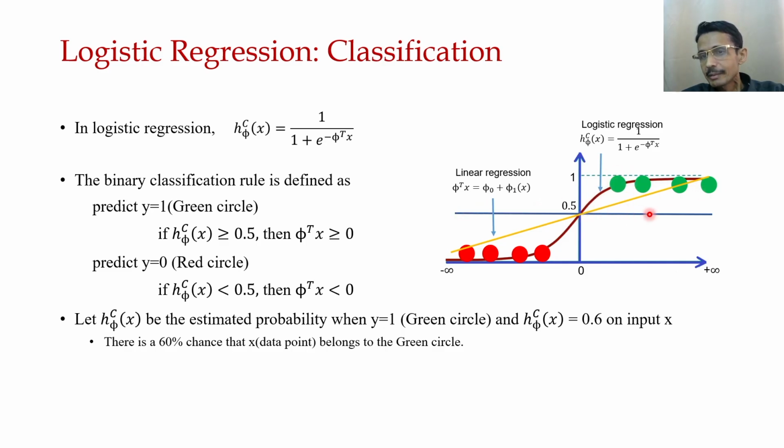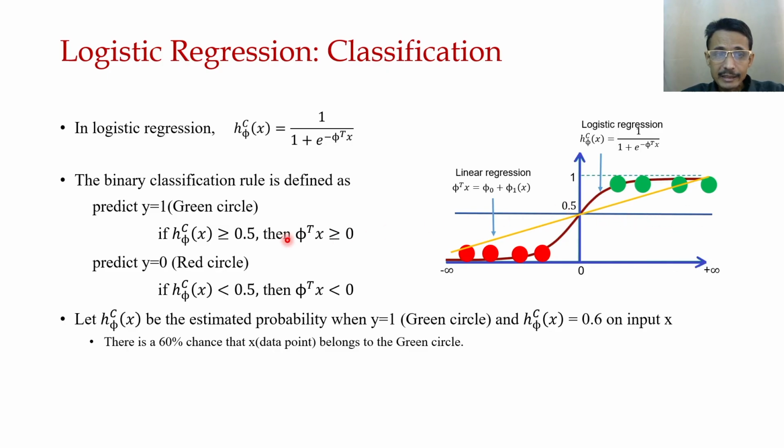This is our separator. If it is greater than 0.5, it is a green circle. If it is less than 0.5, it is a red circle. The separator between the green circle and red circle is called the decision boundary.